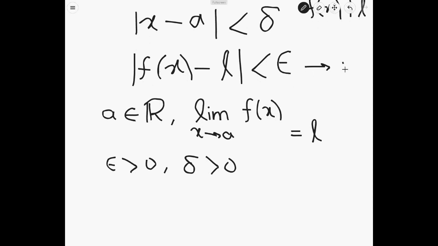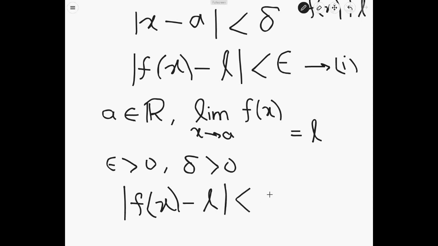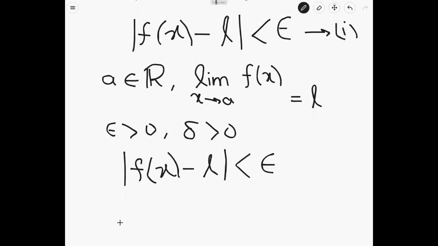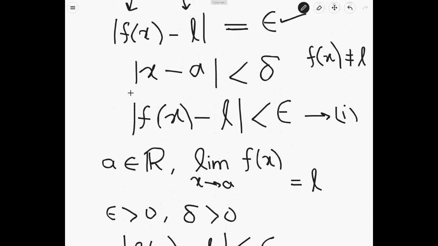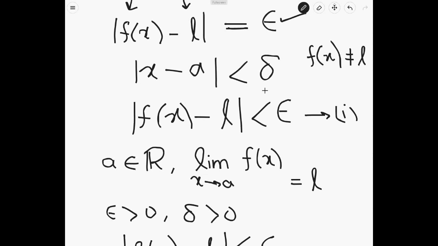This is inequality number 1. This inequality holds whenever this inequality, the absolute value of x minus a less than delta, holds.